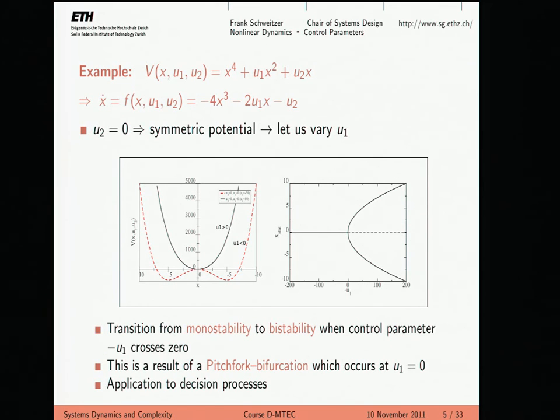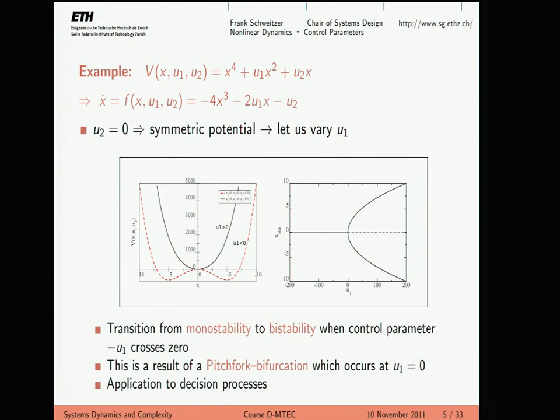One root is x equal to 0. The other one is plus minus the square root. So one of them is valid when u1 is positive, the other one when u1 is negative. And the point is that this shape is a square root, and that's why the stable points look like a square root.